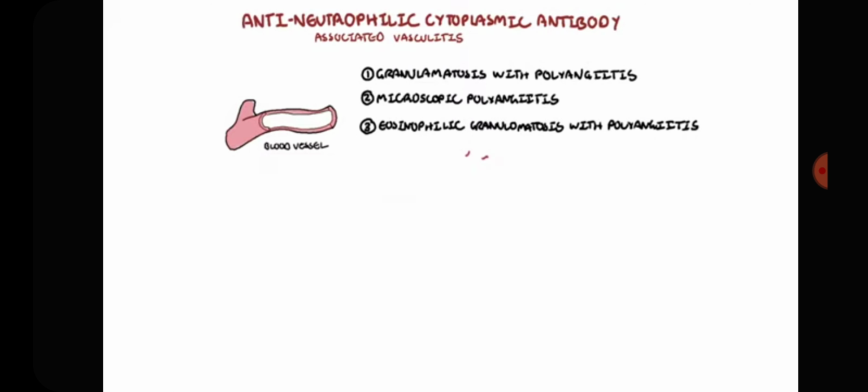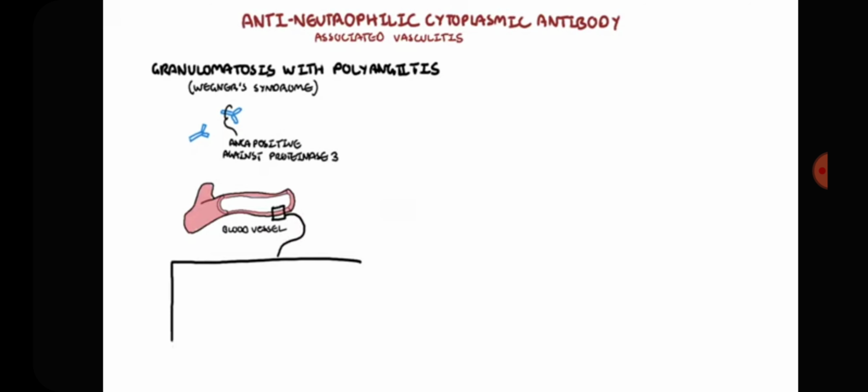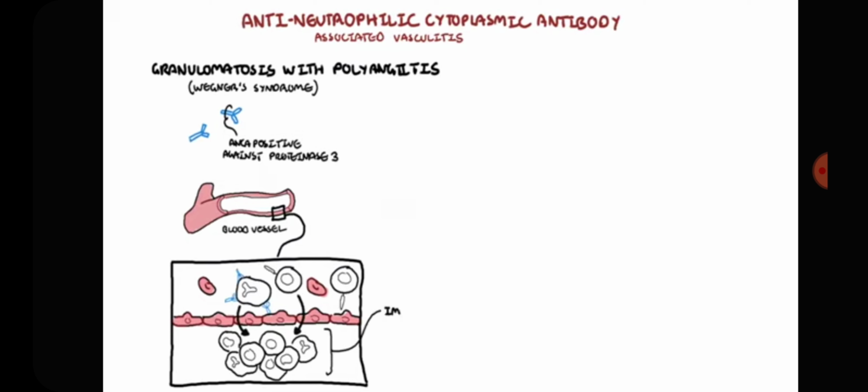In this video, we're going to mainly focus on granulomatosis with polyangiitis, also known as Wegener's syndrome. Wegener's syndrome is the most common ANCA-associated vasculitis, and more than 95% of patients are ANCA positive against proteinase 3. It is a small vessel vasculitis characterized by inflammation of the small blood vessels with infiltration of immune cells forming granulomas.